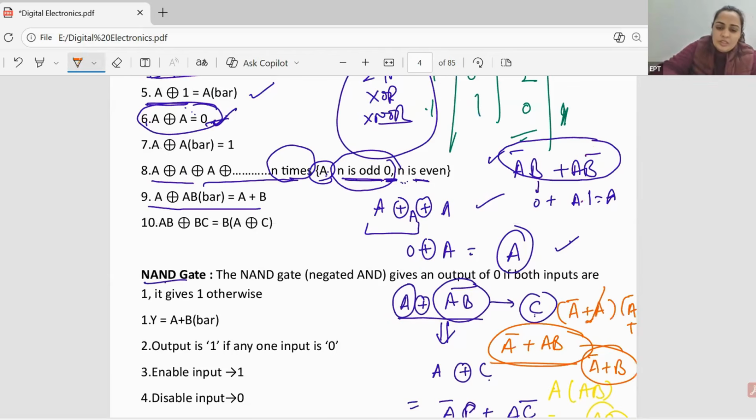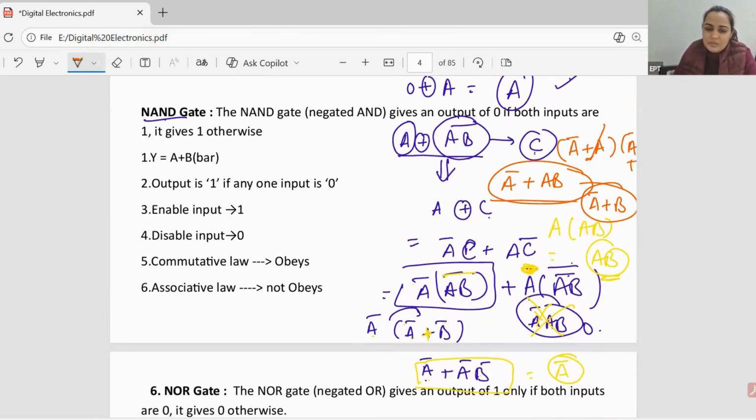Here it is a XOR (ab) bar, which gives a bar c plus a c bar. So it is correct only, right? The term a bar c is a bar (ab) whole bar, and (ab) whole bar can be written as a bar plus b bar, multiplied by a bar.